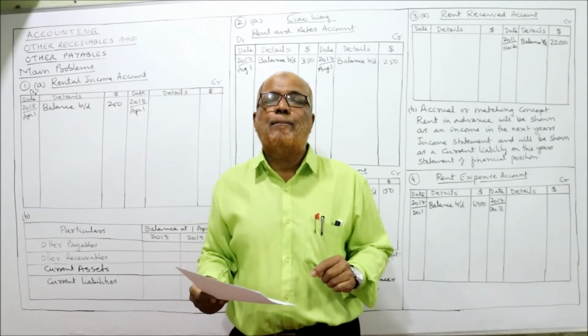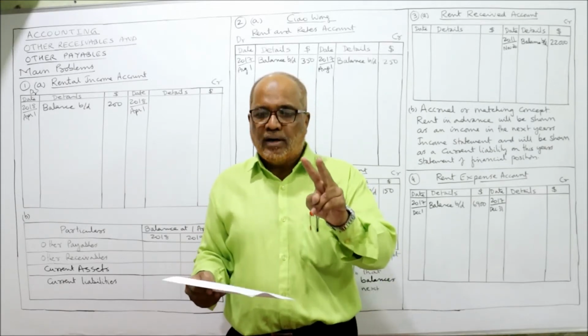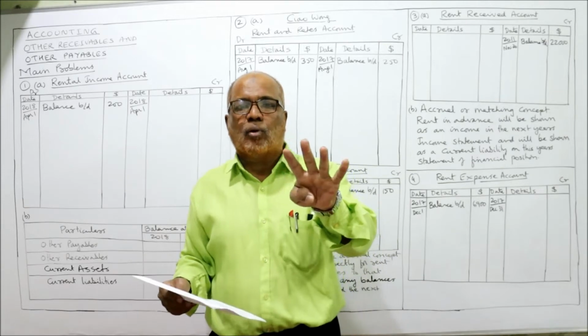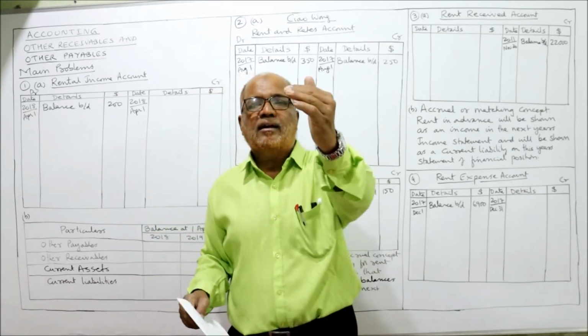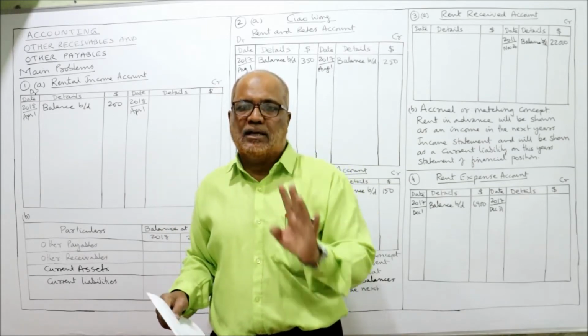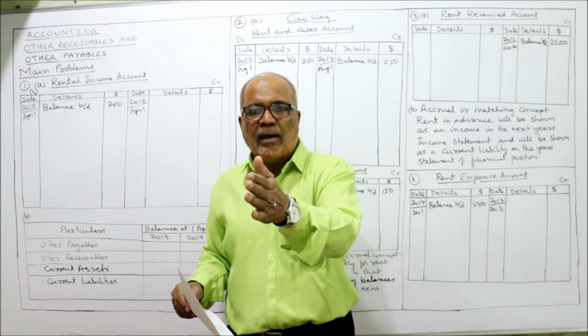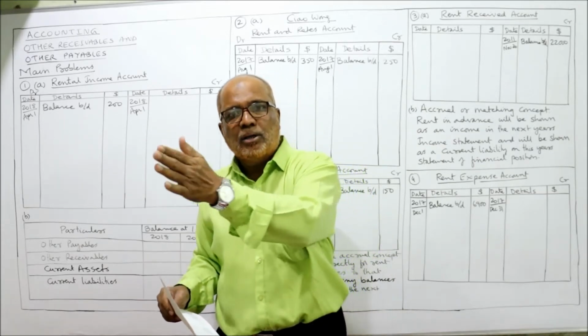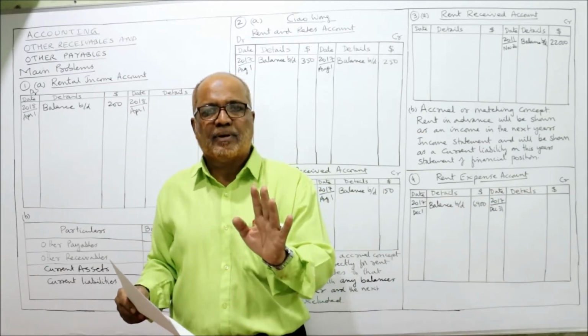On 1st April 2018. So 800 divided by 4, because 4 months rent is 800. So 800 divided by 4, you will get 200. So monthly rent is 200. So 200 for March, 200 for April, May, June. $200 monthly, right?